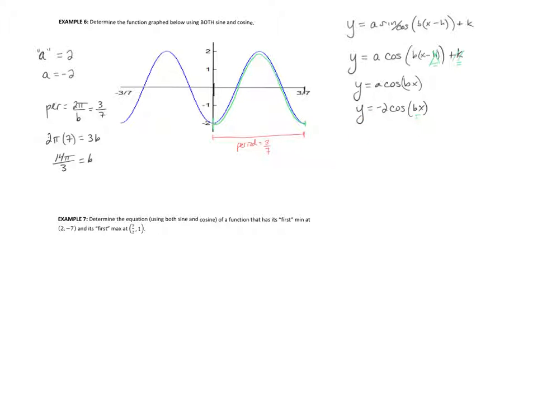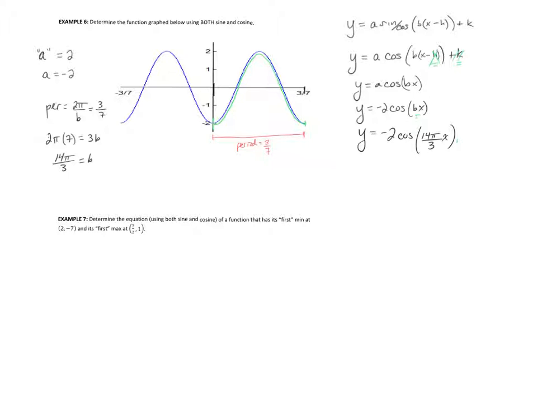So y is equal to negative 2 cosine of 14 pi over 3x. Doesn't really matter where you put that x. You could put it in the numerator with a fraction. You could put it out to the side. There you go.